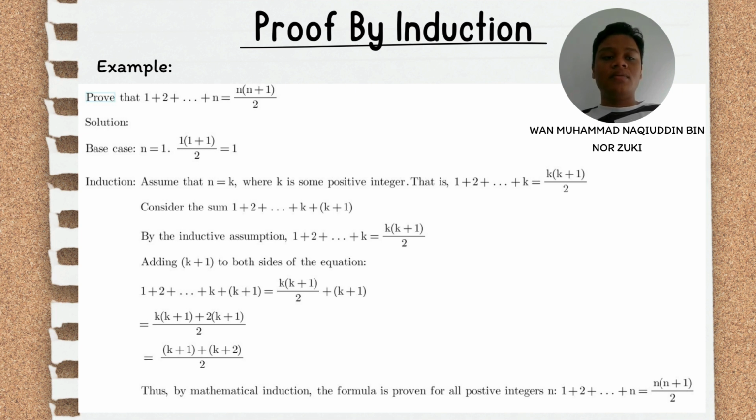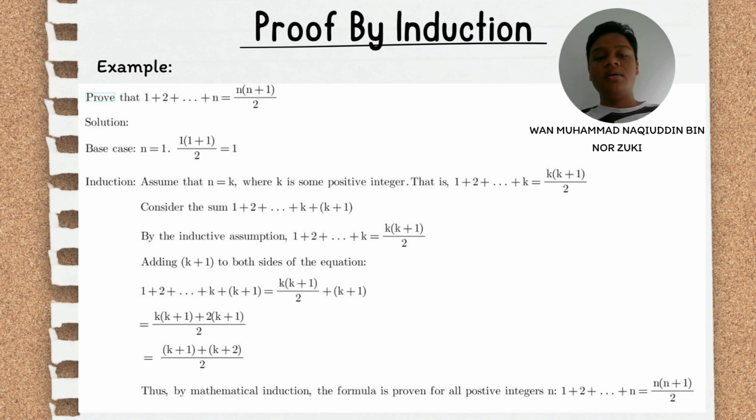Then we do the induction step. We assume that the formula holds true for some arbitrary positive integer k. So we assume n equals k, where k is some positive integer, that is 1 plus 2 plus and so on up to k equals k times (k plus 1) divided by 2. Now consider the sum 1 plus 2 plus and so on up to k plus 1.